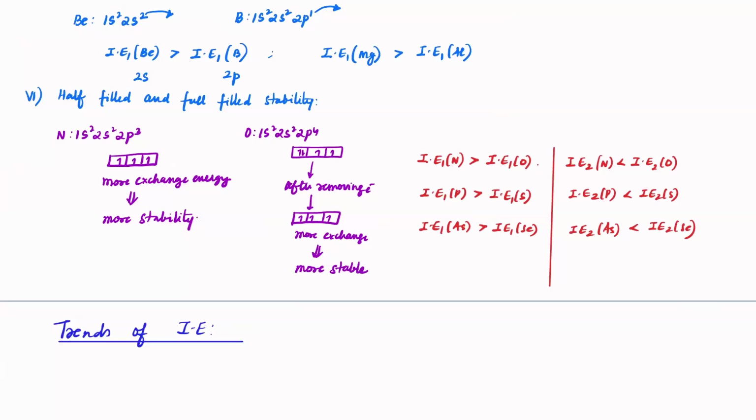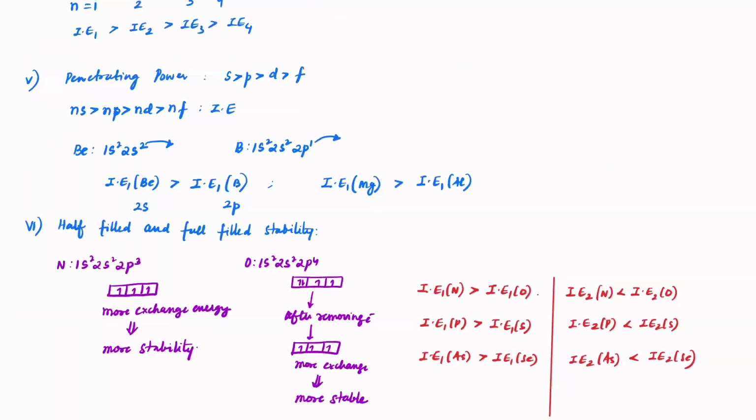Done? So can you explain the fifth point again? The fifth point suggests that if this is the nucleus, s electrons will be much closer compared to p electrons. P electrons will be slightly far away. That is what we call penetrating power. So if you remove an electron from the s orbital and an electron from the p orbital, which one is easier?